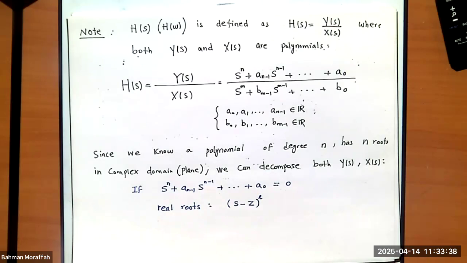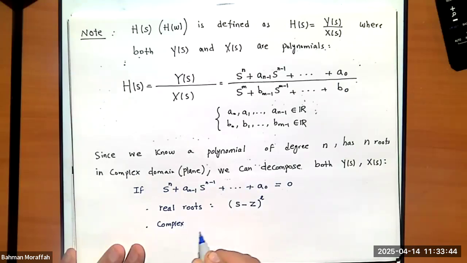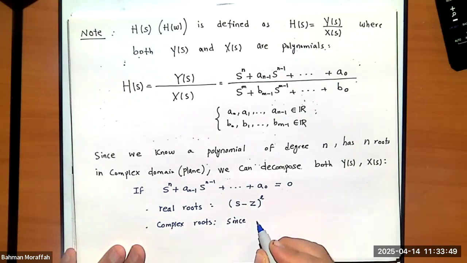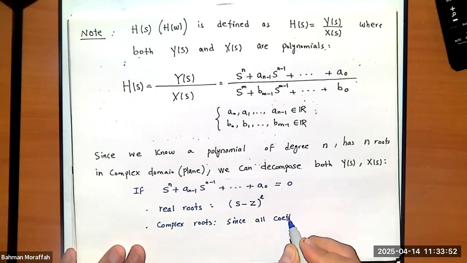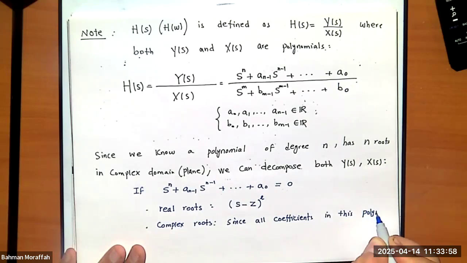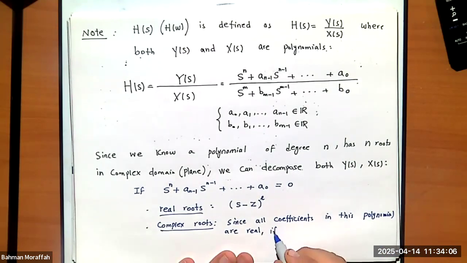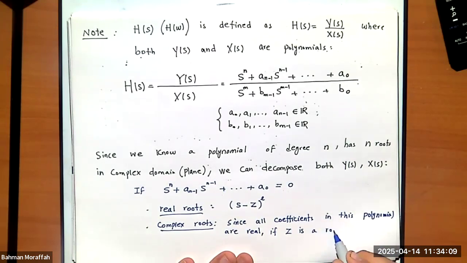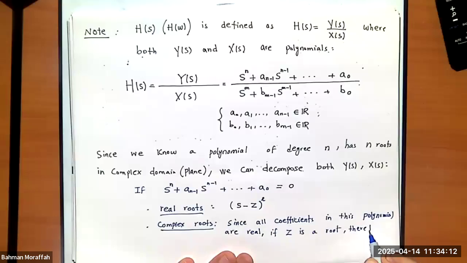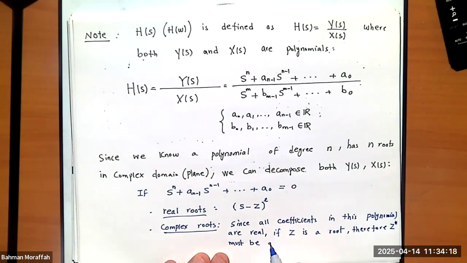So if I have complex roots, since all coefficients of this polynomial are real, z as a root, therefore z conjugate is a root.